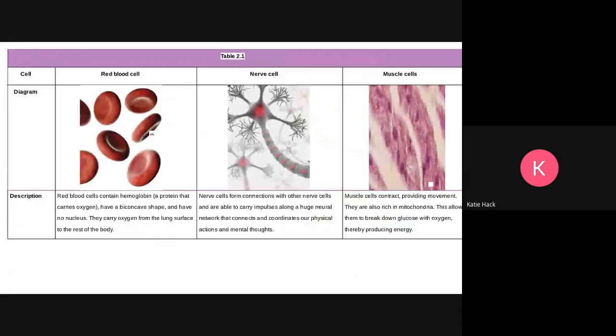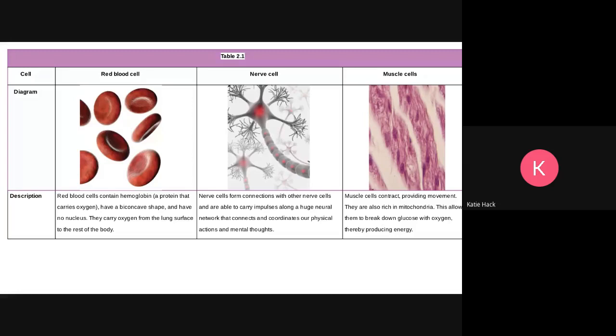Okay, so this table shows us the type of cell, a diagram of the cell, and then the description of the different cells. You have red blood cells, nerve cells, and muscle cells. So your red blood cells are good for carrying oxygen from the lung surface to the rest of the body.